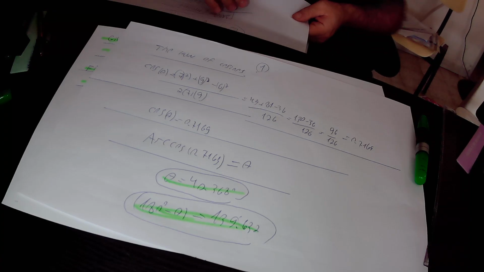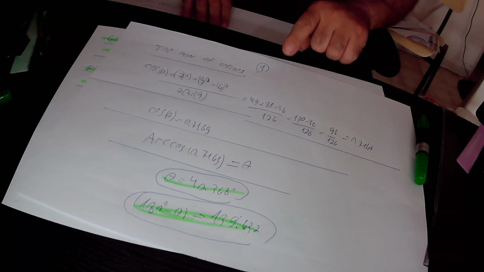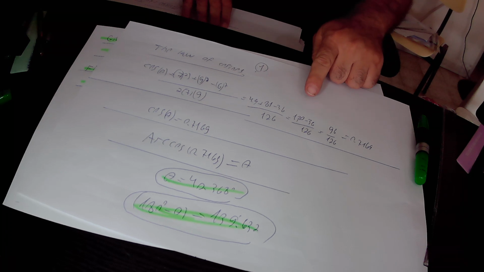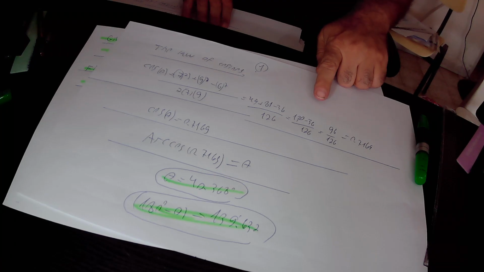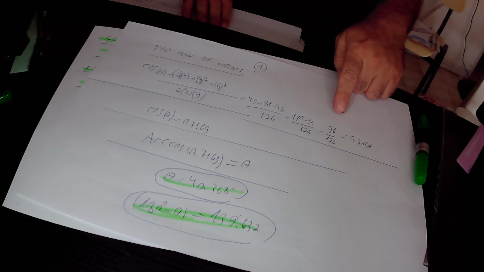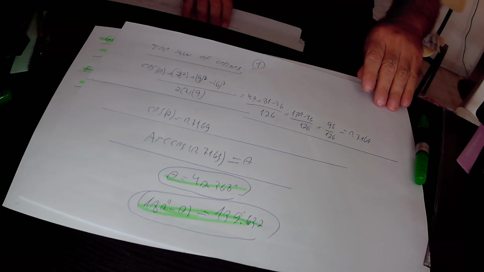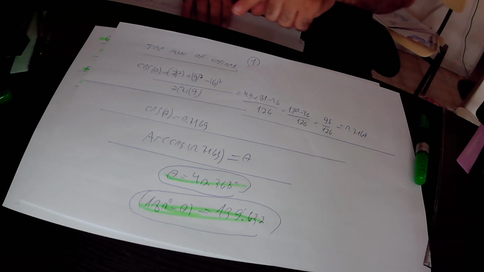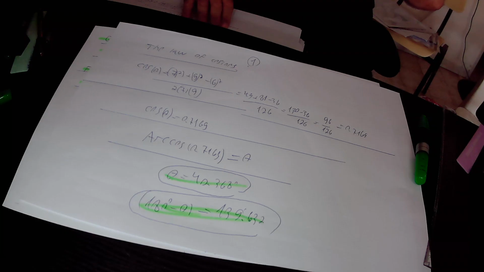So in total we have found out that cosine theta equals 49 plus 81 is 130, minus 36, over 126. 130 minus 36 is 96, divided by 126. So in total cosine theta equals 96 over 126.